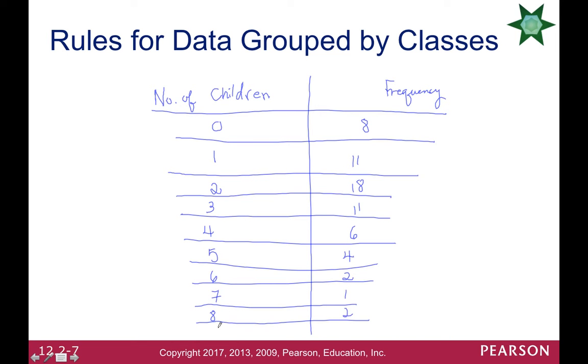And then finally, the number of families that had 9 children were 1.